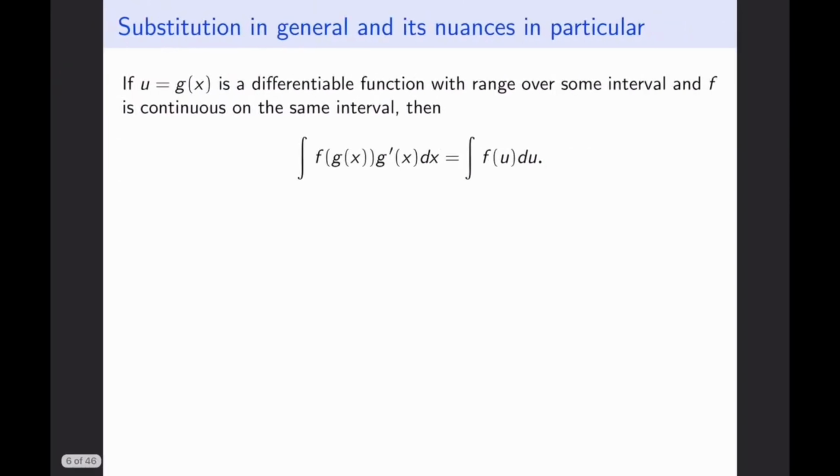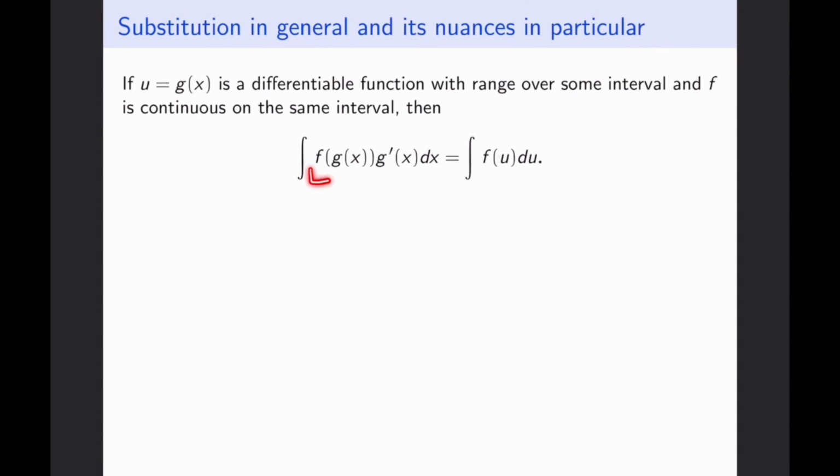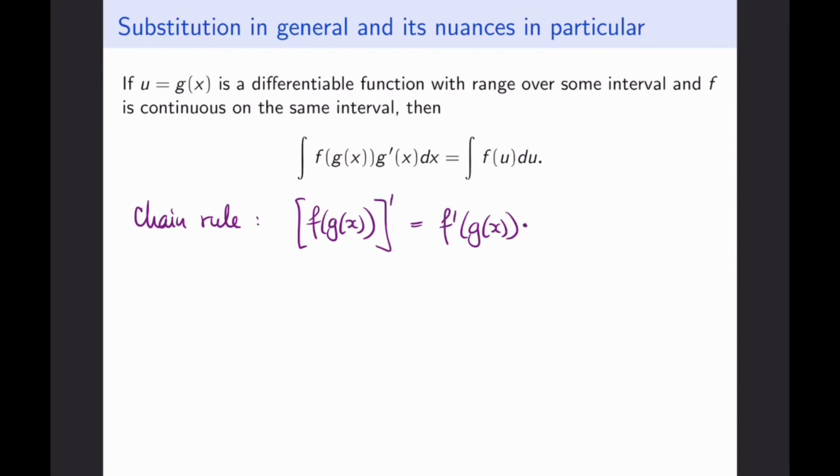Now, in the most generality, this is how the substitution is actually written down. You might remember the left-hand side as the expression for the chain rule. So let's remember that the chain rule states that if I take a derivative of f of g of x, then I take the derivative of the outside function first, followed by the derivative of the inside function.